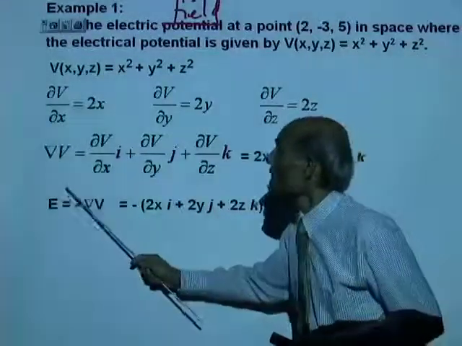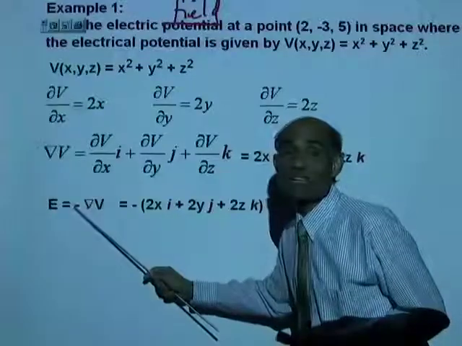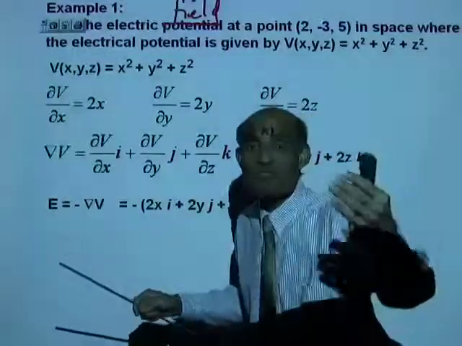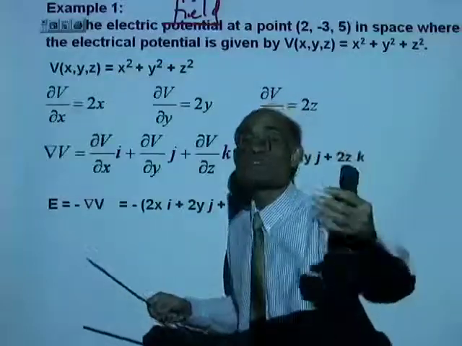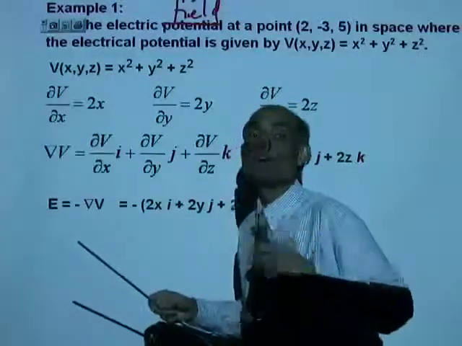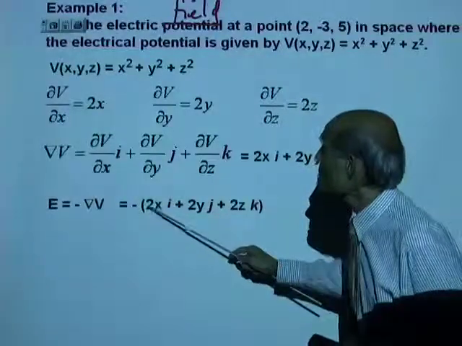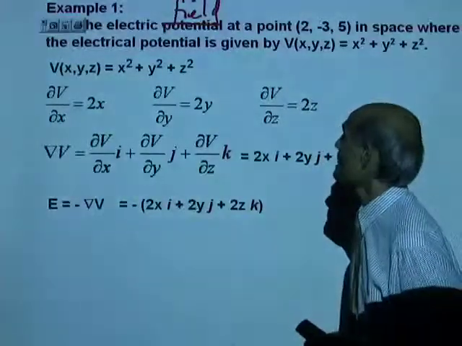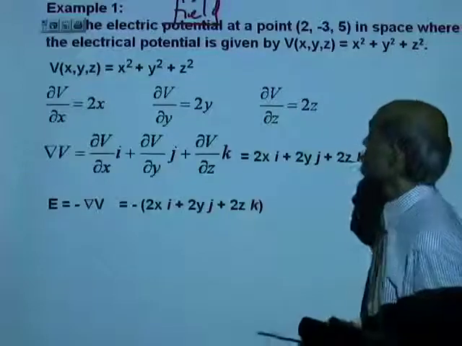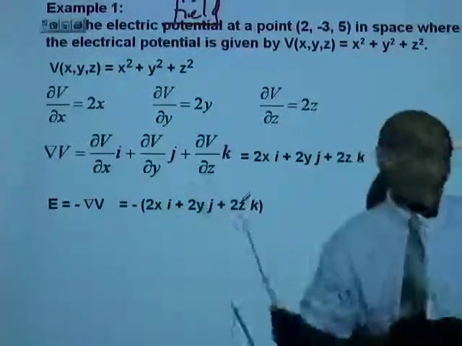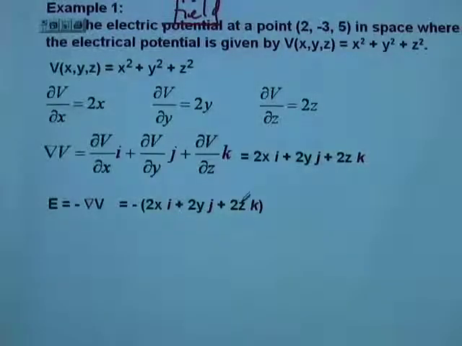Now, E, the electric field, is negative del V. It is the same equation that we used, E equal to negative dV over dr. And negative del V is negative of 2x i plus 2y j plus 2z k. And let's now find the value of that at the given point.